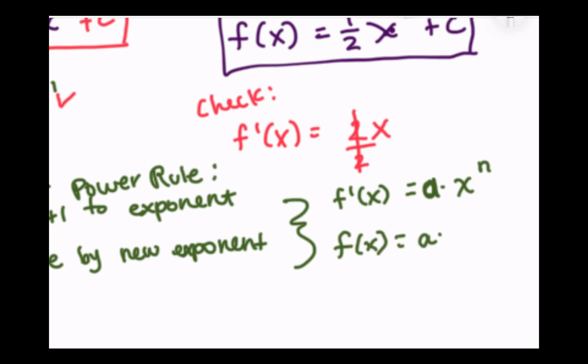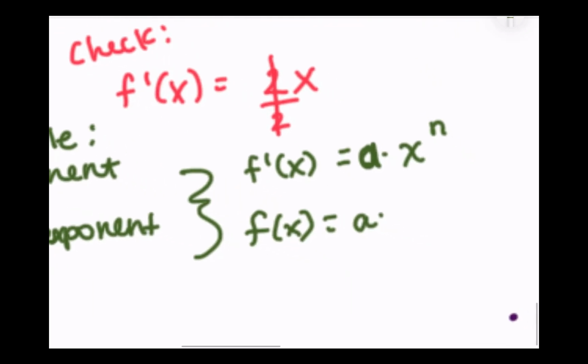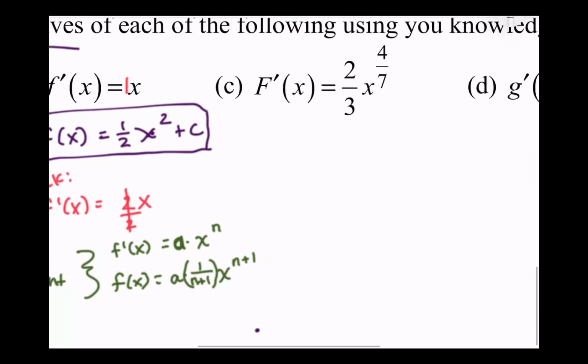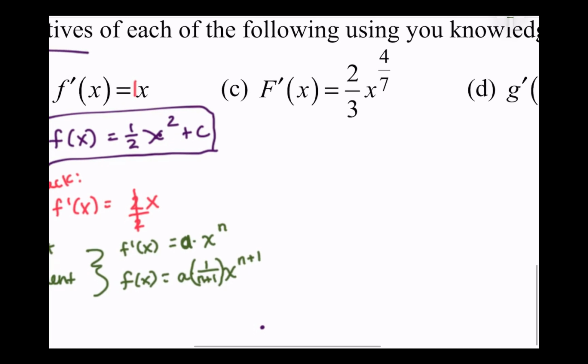We're not really messing with that. Our new power, we would add 1 to it, and then we would divide by our new power. So here is our division by the new power. This is the opposite of the power rule that we use to take derivatives. So that's what we're going to apply to this problem C.